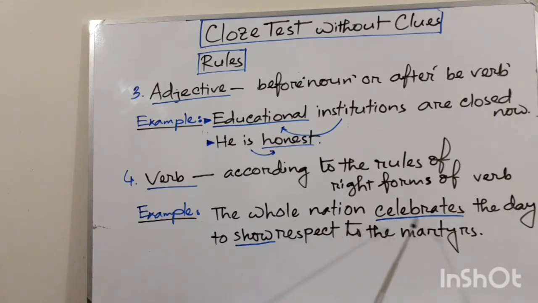The verb celebrates is a finite verb, and it is in the present indefinite tense form, and it has s form because the subject is third person singular number. The verb show is in the base form because it comes after to. Here we see the two verbs are used according to the rules of right forms of verb. Have you got it, my dear students? I think you have got it clearly.